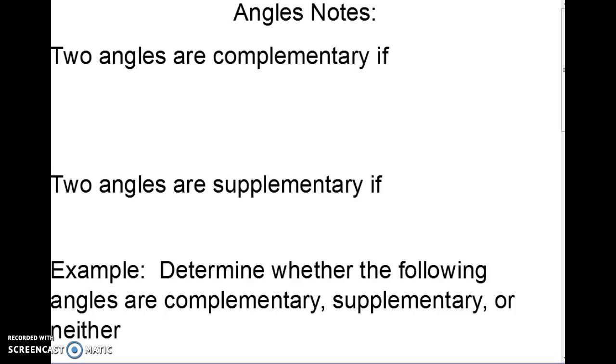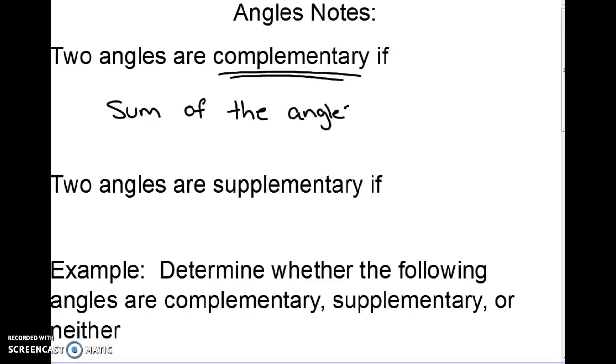The other thing we're going to kind of touch on is angles and different properties of angles. So two angles are complementary. That's going to be an important word we want to focus in on. They're complementary if the sum of the angles is 90 degrees.